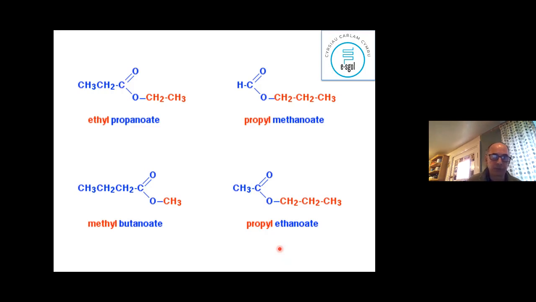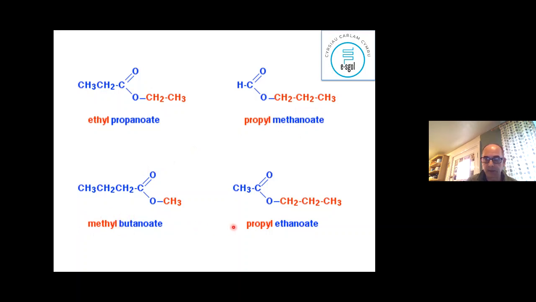Some examples. Ethyl propanoate. The ethyl bit, the bits in red, are from the alcohol. The propanoate comes from the carboxylic acid. So propanoic acid and ethanol make ethyl propanoate. Same here. Propyl, this part here, from propanol. Methanoate from methanoic acid. Methyl from methanol.